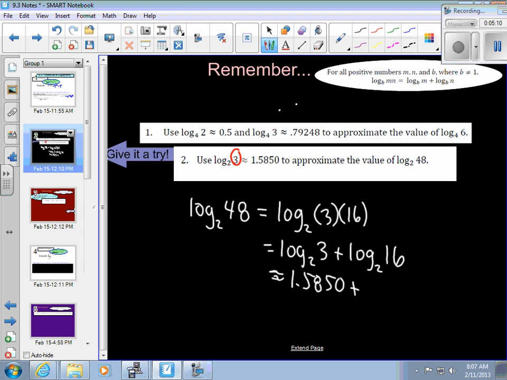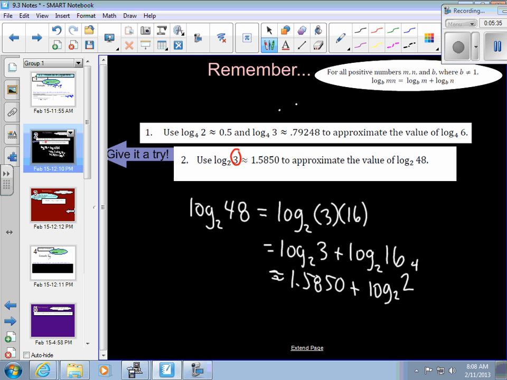So let's think. We're doing log base 2 here. Does 2 go into 16? Yeah, 2 goes into 16. In fact, it's a factor 4 times. So another way to write log base 2 of 16 is to write log base 2 of 2 to the 4th power. 2 times 2 times 2 times 2 is the same as 16.